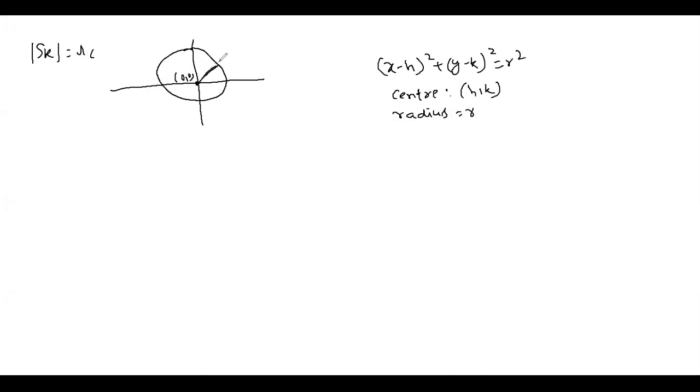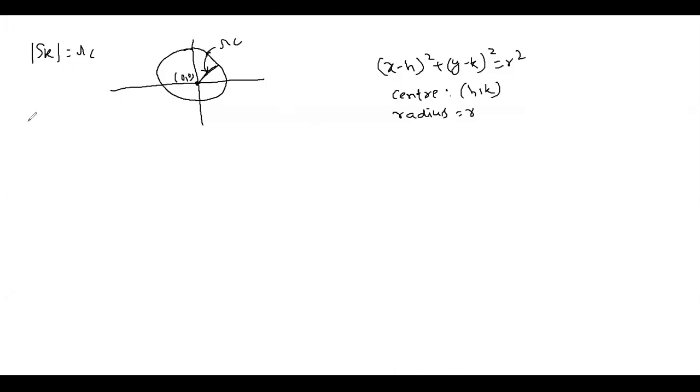Omega c. Very good. The radius is omega c. This omega c is the radius. Which means if you plot all the poles of a Butterworth filter, you will get a circle, or all the poles of the Butterworth filter lie on the surface of a circle. That is very, very important.